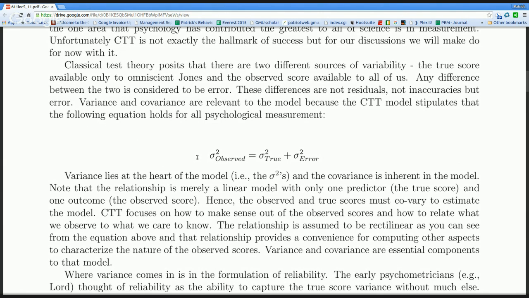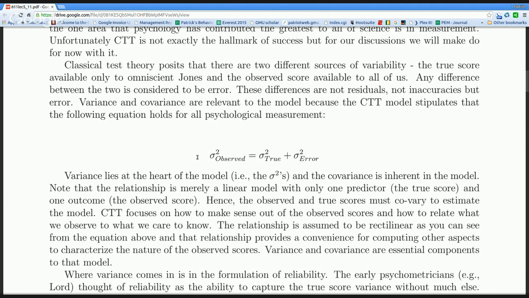And true score variance is the variance that is attributable to what we expect in sampling variability for the true score. That is the score that's pure, and we never have any access to that whatsoever. And then there's error variance. So when you combine true score variance and error variance, you get the observed score variance.